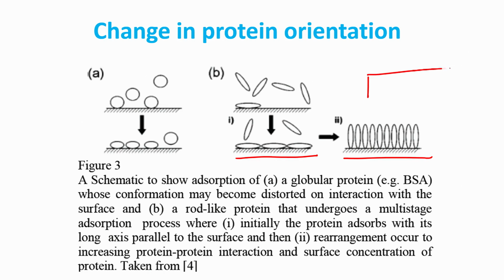So, let us say if I have a surface and I come with 1 microgram per ml concentration of a protein, since I am talking about very low concentrations of protein in the solution, it is sort of diffusion limitation as to how much protein can come and adsorb on the surface. What you will find is, let us say I have a protein which has this structure.